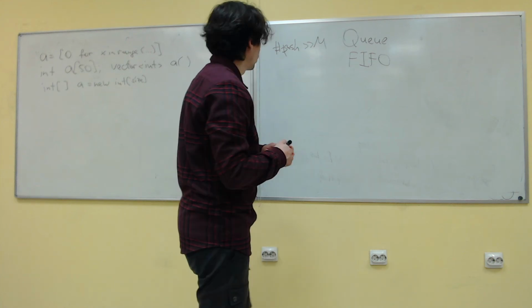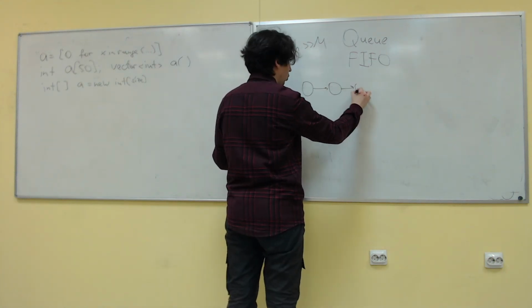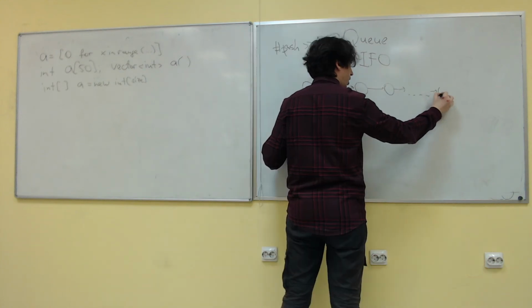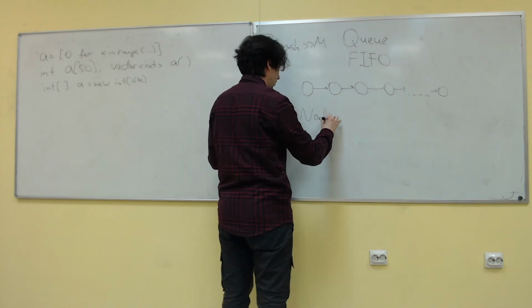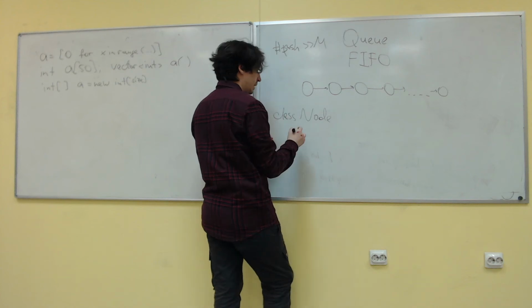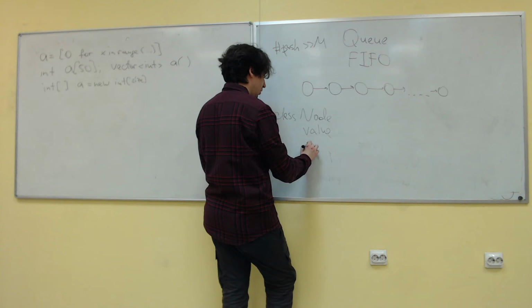So we will have some nodes that are connected. Not in an array, but nodes that are connected together. And we have this node class, node, that has the value and the link to the next.